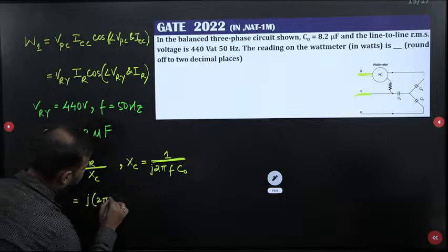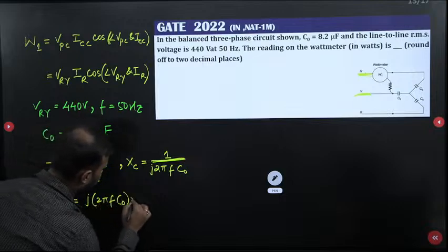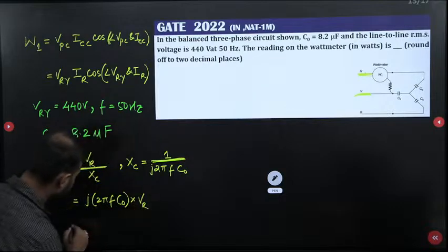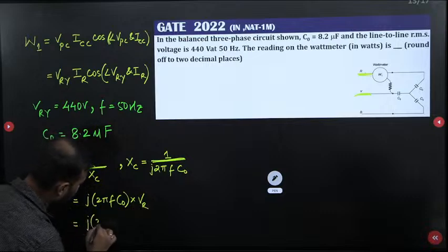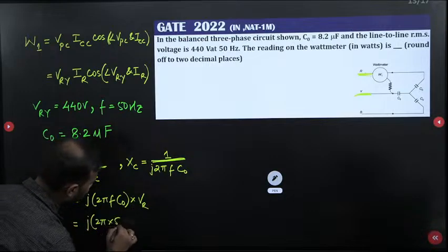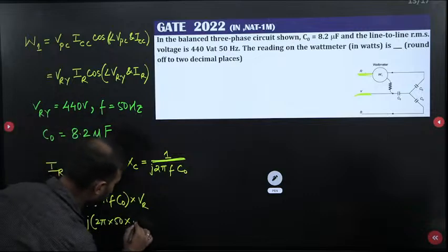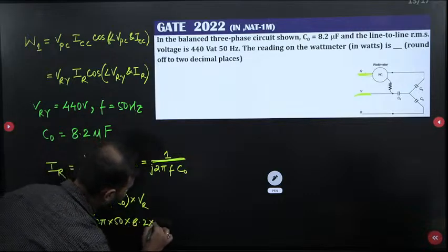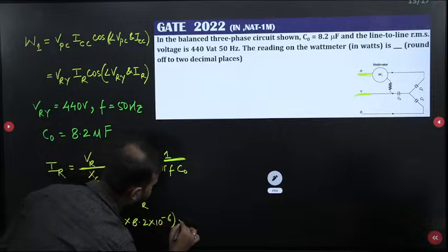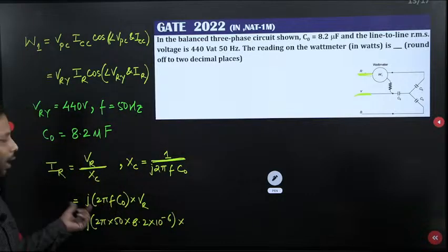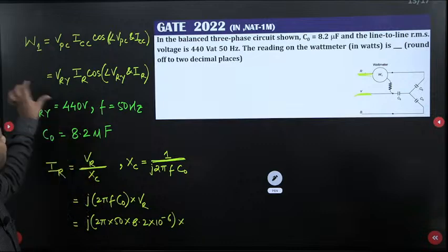2 pi F C naught into V R. Let us substitute the value. 2 pi, F is frequency 50 hertz, C naught is given in the question as 8.2 microfarad, so 10 to the power minus 6, and V R is what? Phase voltage. And how do we get the phase voltage from the line voltage?